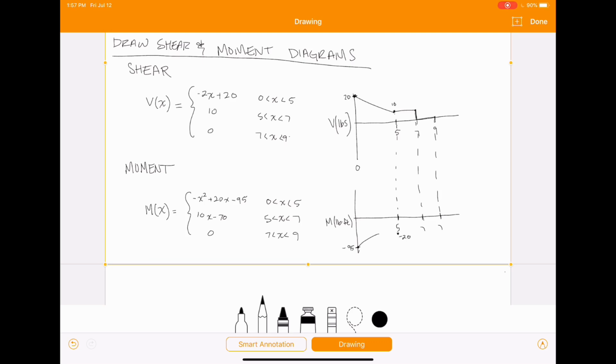And it's a negative x squared function. Now moving on to our next one, if we plug 7 into that equation, we get 0. So that's going to go up to 0, and that's going to be a positive linear line. And then it stays at 0.